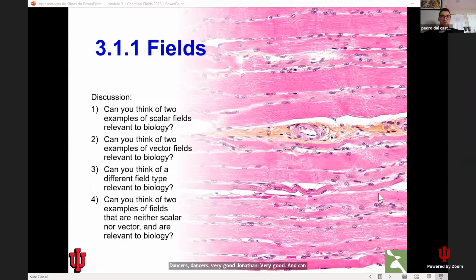And can you give me two examples of tensor fields relevant to biology? Stress, nice, perfect, yes. Stress can be represented as a tensor, and you can assign the stress to each point of space and each point of time as well.